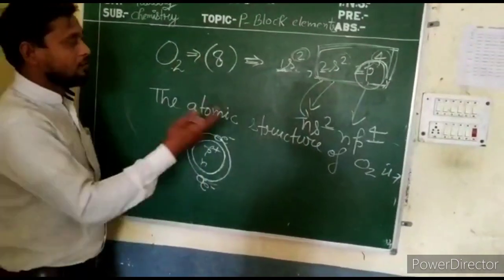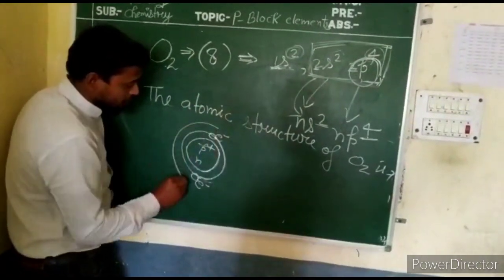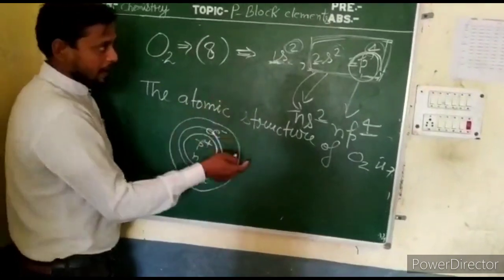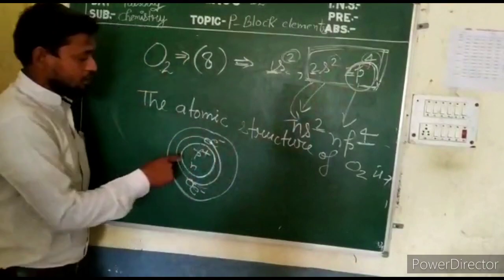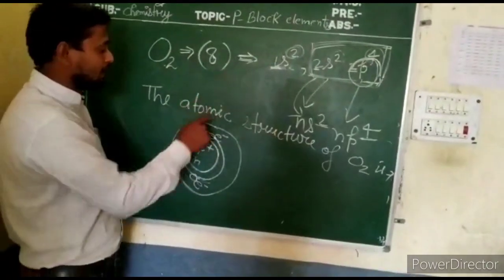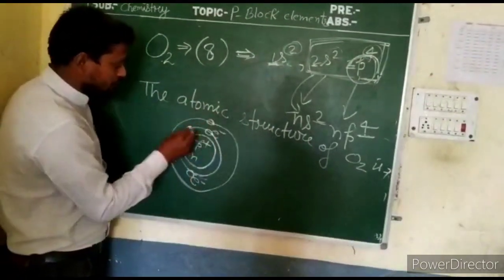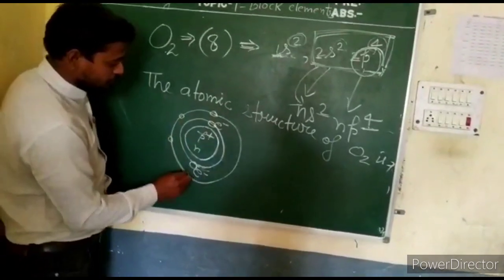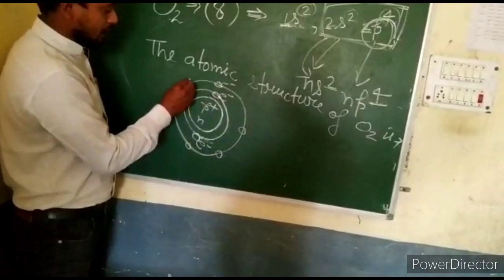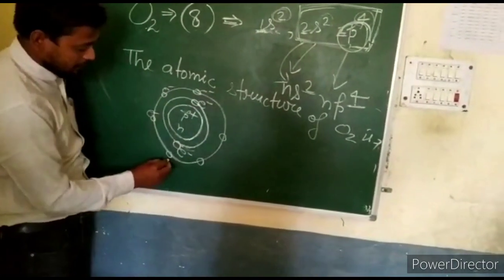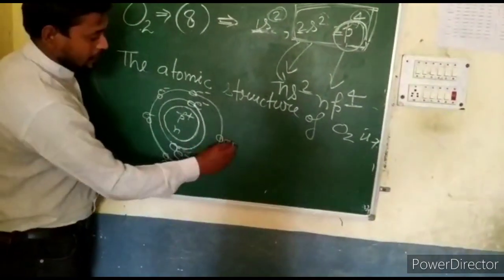Clearly? Now how in the second orbit do we fill like that. There are 2s2 2p4, which is 6. We have filled 6 electrons in these: 1, 2, 3, 4, 5, 6. We mention it and write it as a symbol. Electron has a negative charge like this.